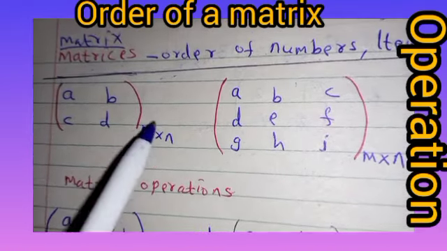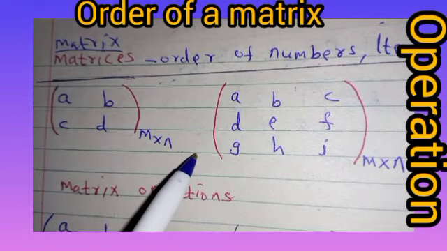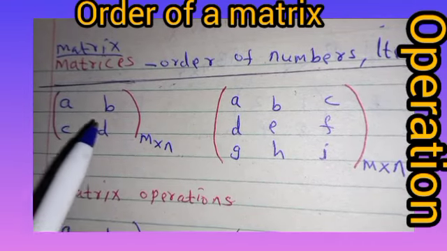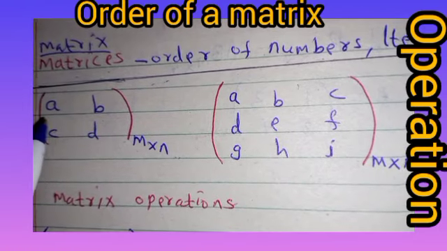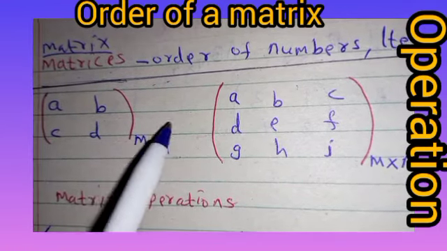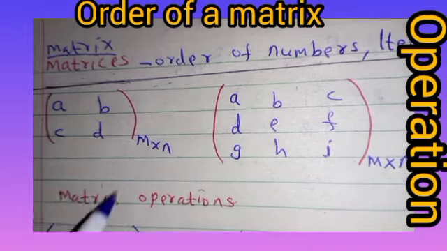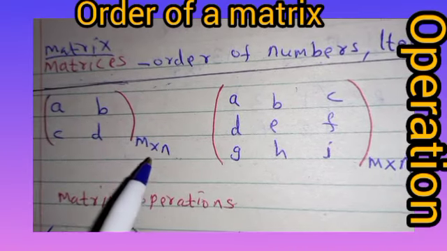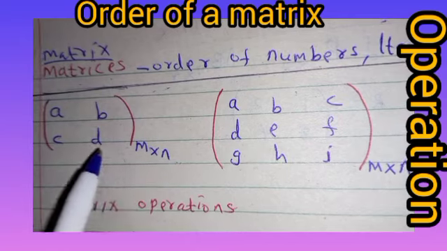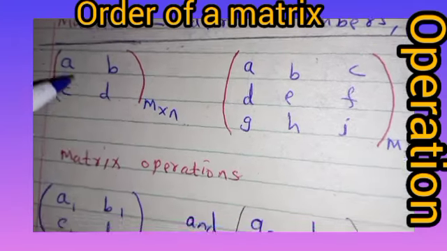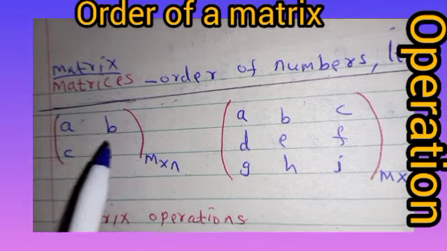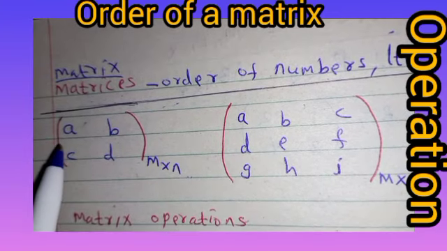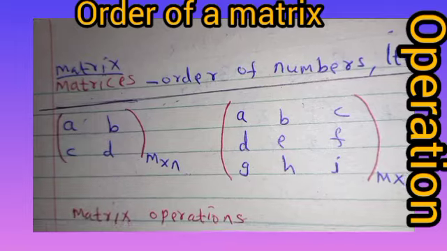Now, this is an M by N matrix. A matrix which has, for example, two rows and two columns is referred to as the order. In this case, we have two rows and two columns.